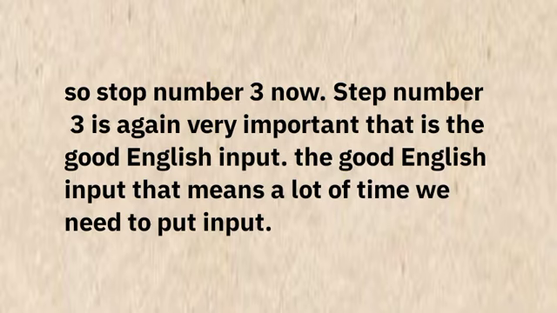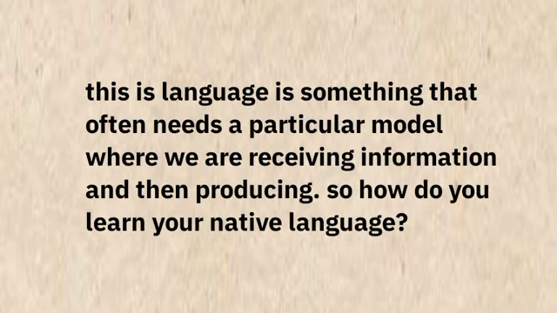So, step number 3 now. Step number 3 is again very important. That is the good English input. The good English input. That means a lot of times we need to put input. That is, language is something that often needs a particular model where we are receiving information and then producing.